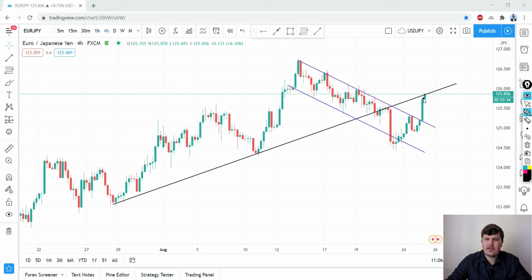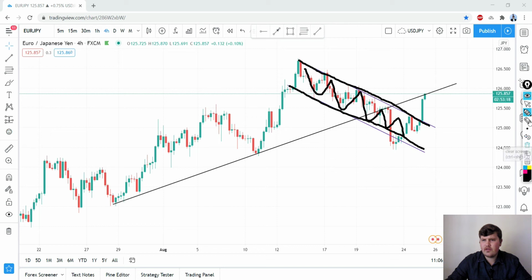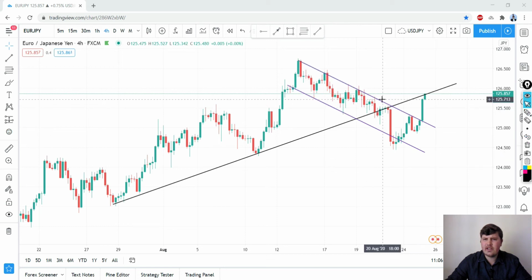It can test this backside of the trend line and then continue on lower, or if we trade this bull flag over here that the price has been consolidating in, and we are expecting price to range higher, then we can enter at market over here.